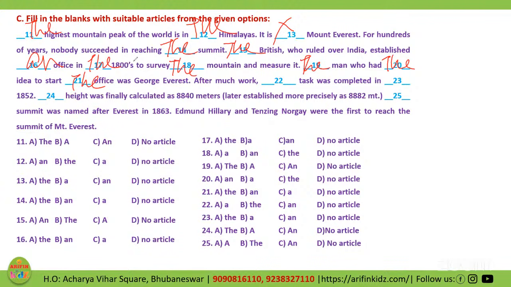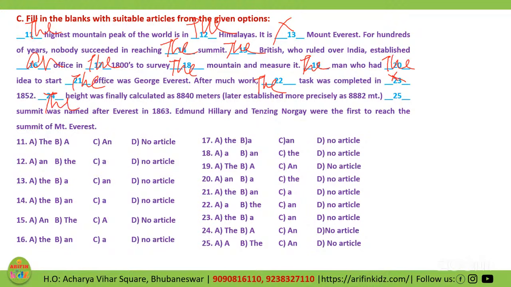After much work, the task was completed in 1852. So this requires no article. 23 is no article.